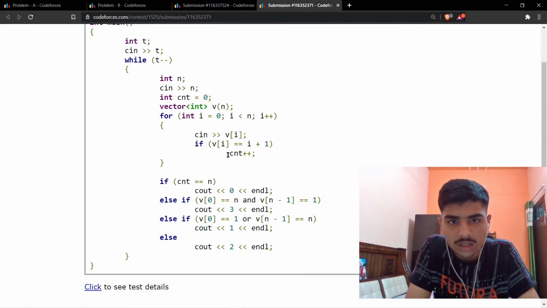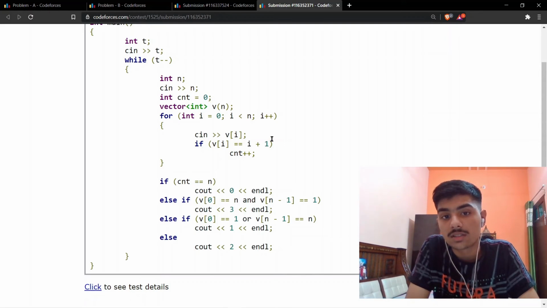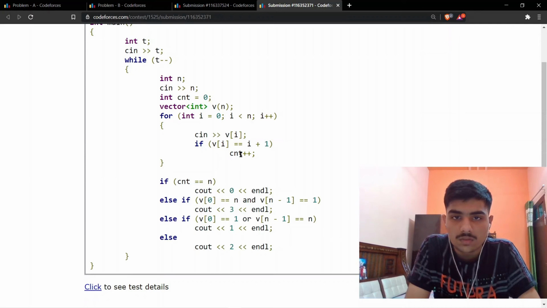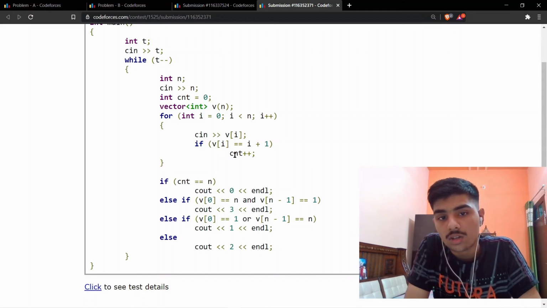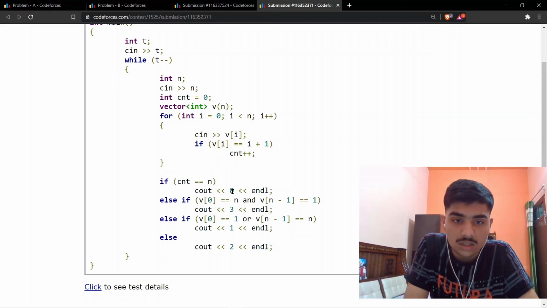Okay, and if v[i] is equal to v[i+1], this basically checks if the ith element is equal to the i+1 element, because this is a 0-based indexing array. So if that is the case, we are going to increment the count, and if count is equal to n, this count is telling us if the array is sorted. Okay, if the array is sorted, then our answer is going to be 0.